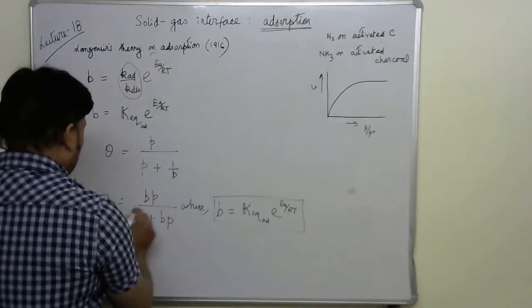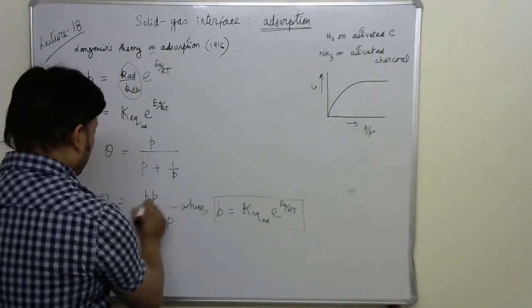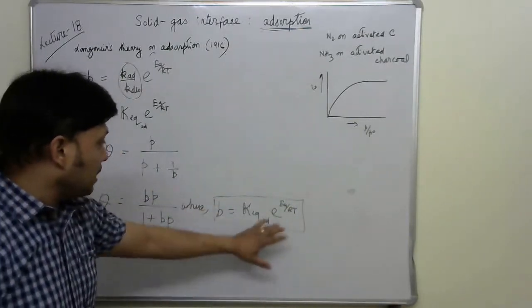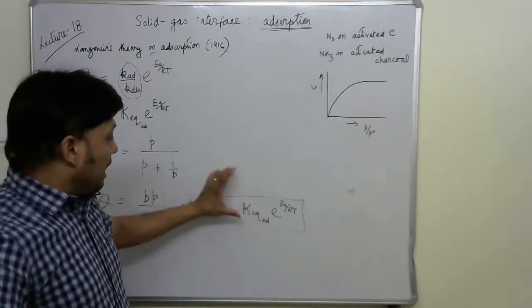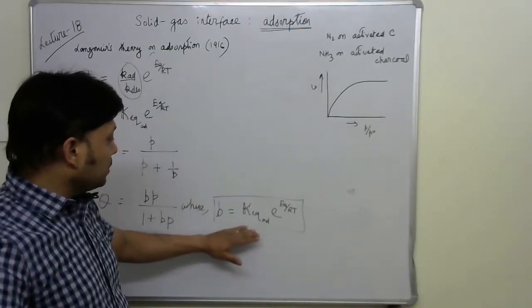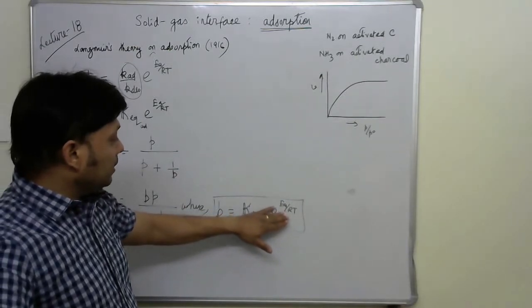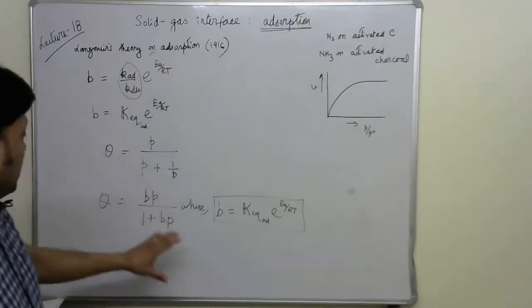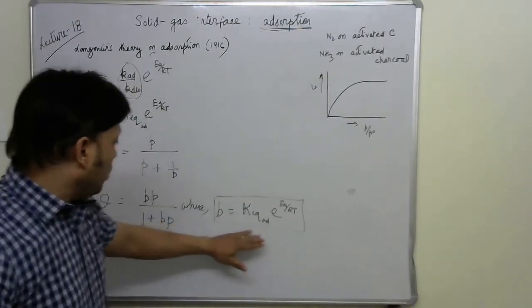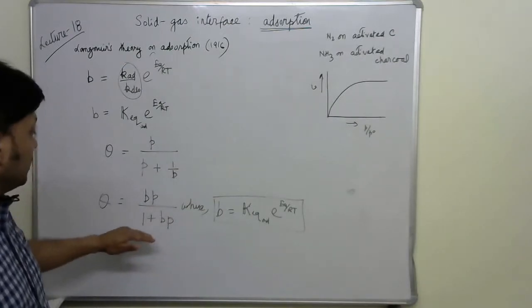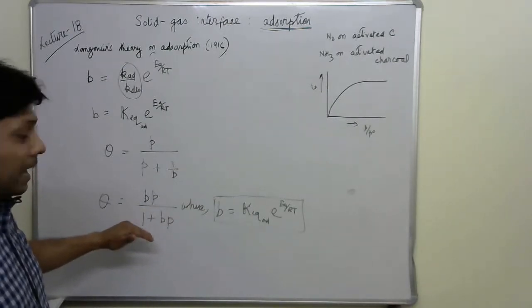So this equation, theta is equal to BP divided by 1 plus BP, where B is expressed in terms of the equilibrium constant of adsorption and the activation energy of desorption, is known as Langmuir's equation explaining the adsorption of gases.